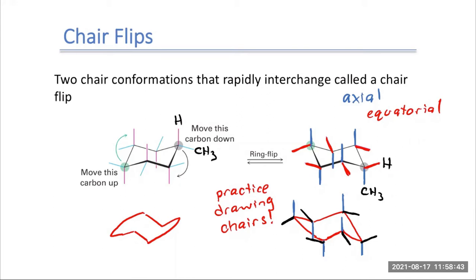So when you're doing your chair flip, don't make the mistake that I see a lot of times, where you'll do the chair flip, draw it correctly, and then take the top corner here and call it this top corner. That's not the same carbon.